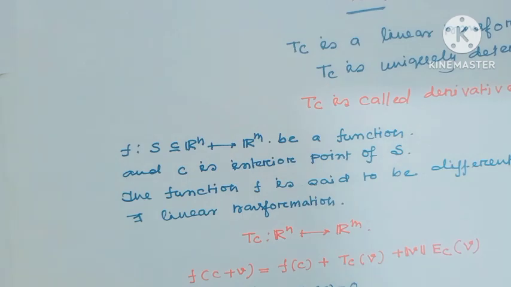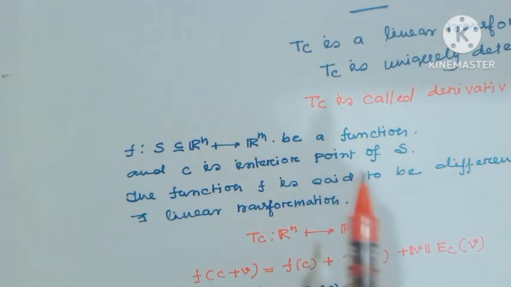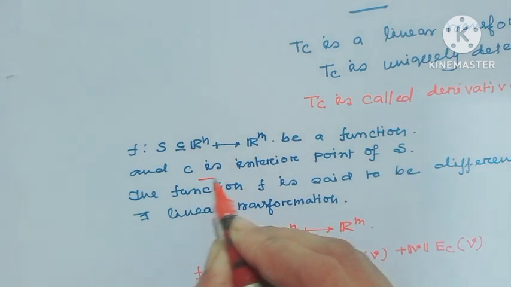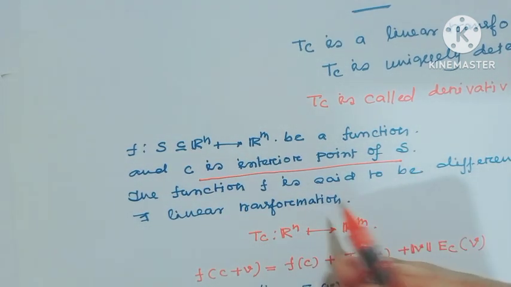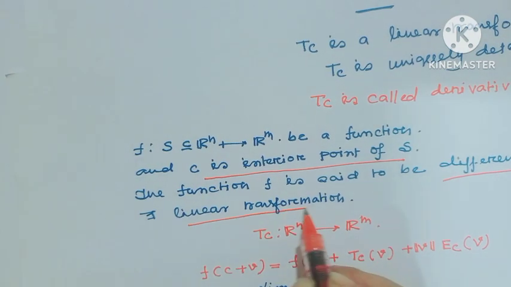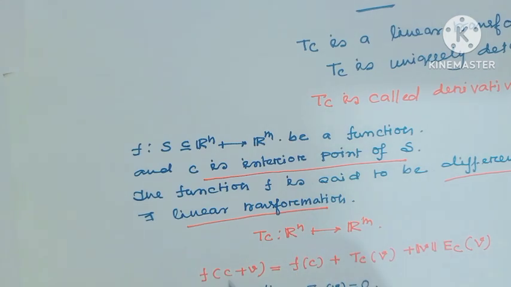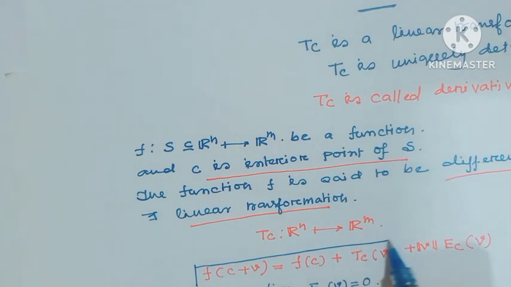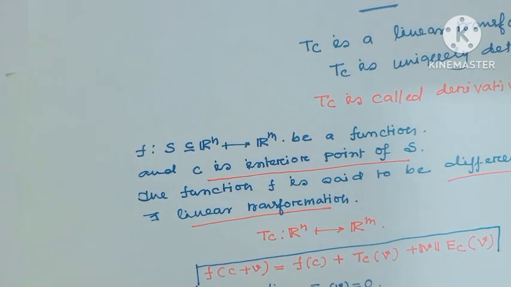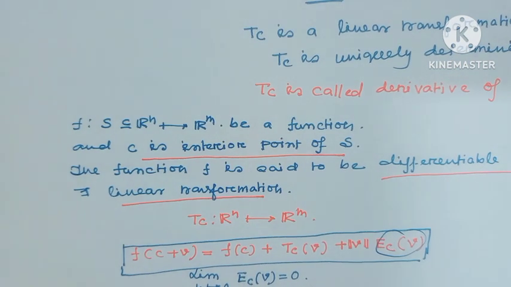For several variables, if f is defined from S, where S is a subset of Rn, to Rm, and C is an interior point of the set S, then the function f is said to be differentiable at C if there exists a linear transformation T_C from Rn to Rm such that f of c plus v equals f of c plus T_C(v) plus norm v times E_C(v), and this is the error term.